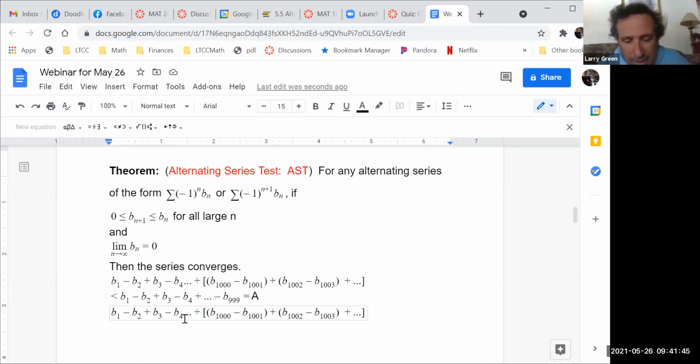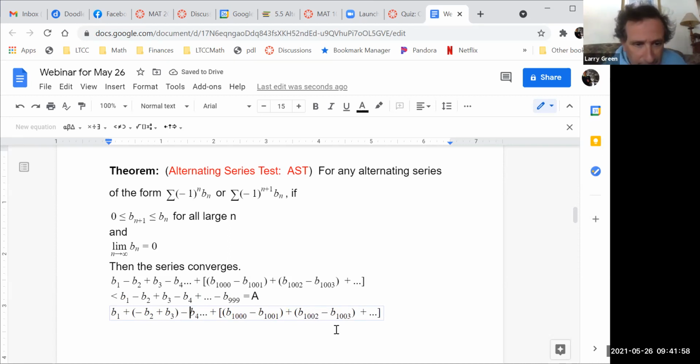I can go B1 plus negative B2 plus B3, and then plus negative B4 plus B5, plus dot, dot, dot.